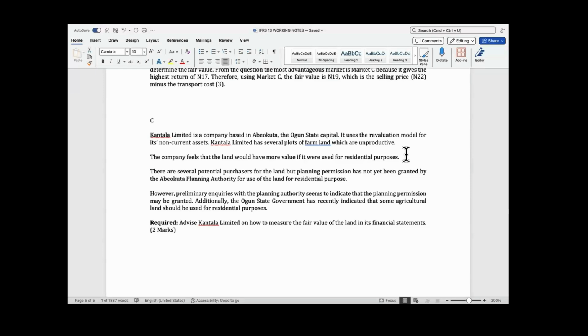Now in this question, Kantala Limited said that the land is unproductive, so it can be used for either residential or farmland.